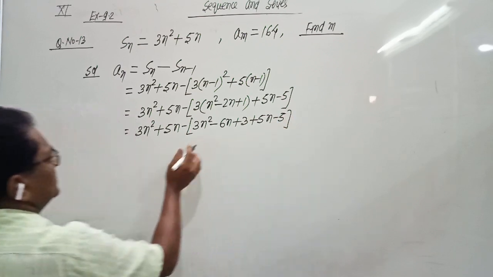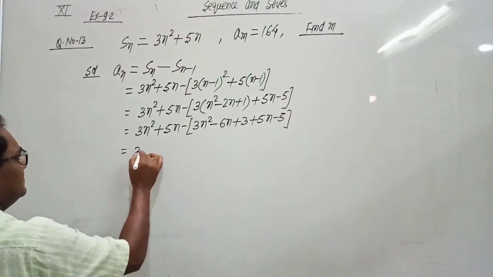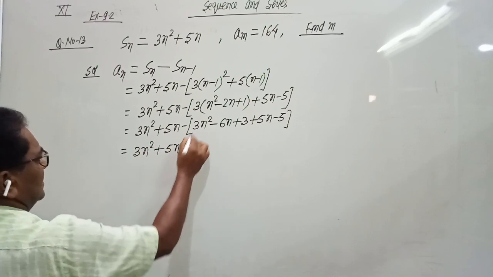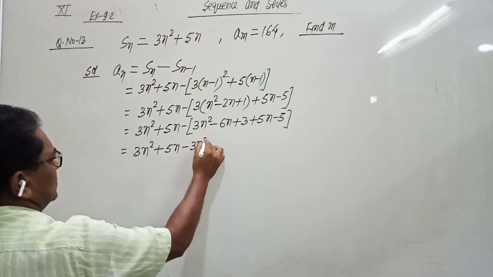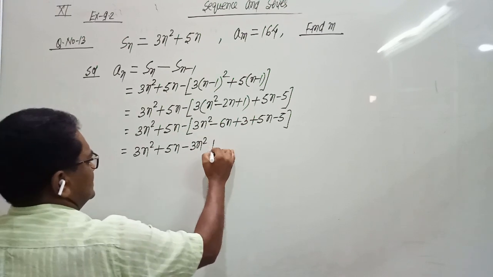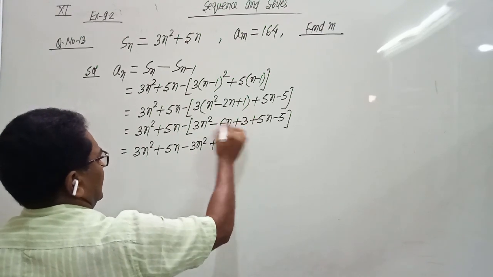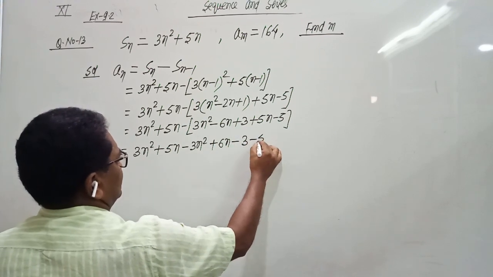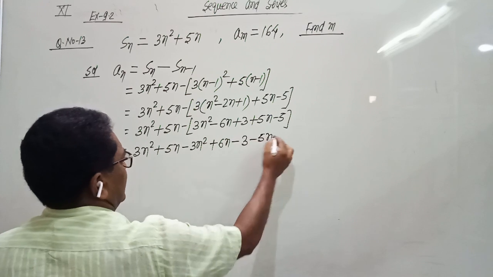Then we remove this bracket: 3n square plus 5n minus 3n square plus 6n minus 3 plus 5n minus 5.